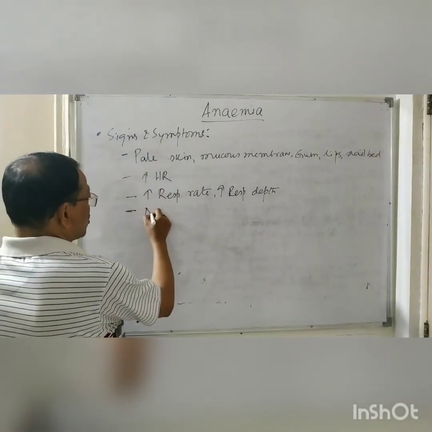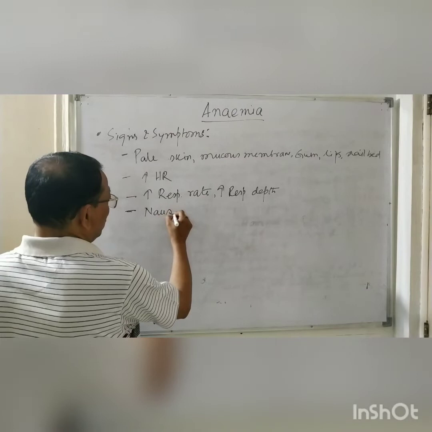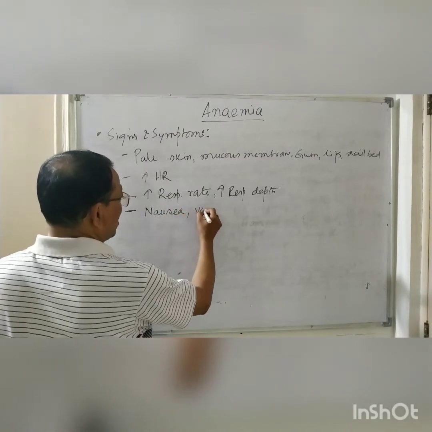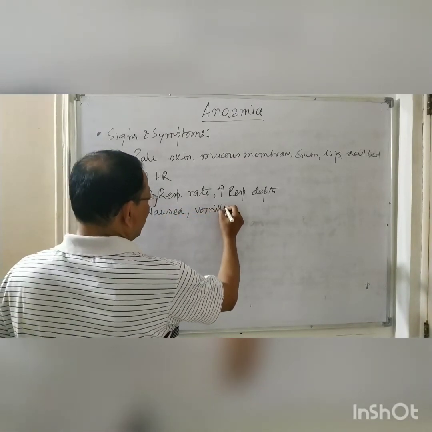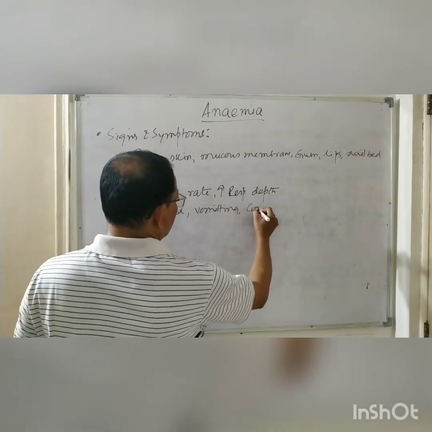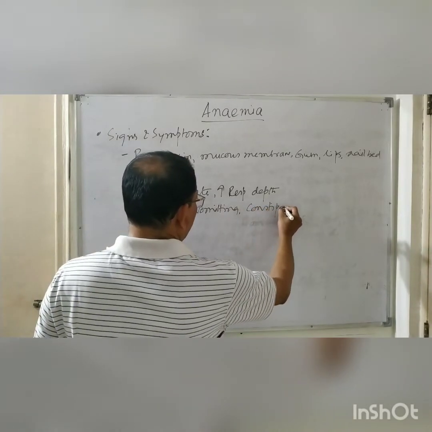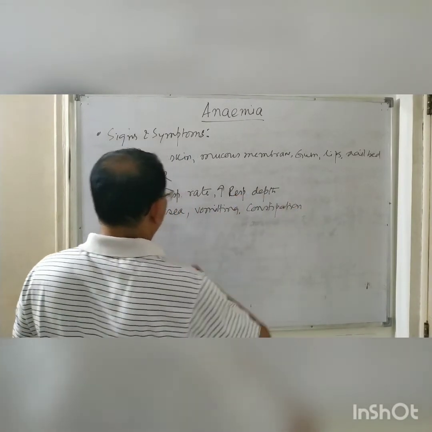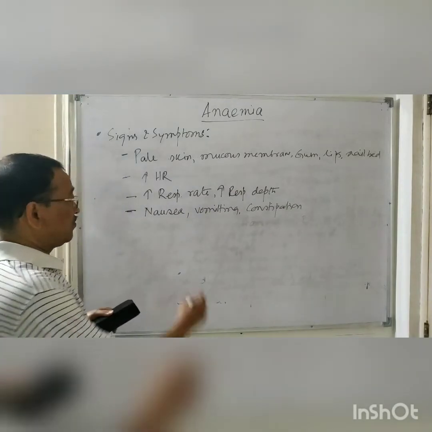Then there are nausea, vomiting tendency, and also constipation. These are other signs and symptoms of the anemia.